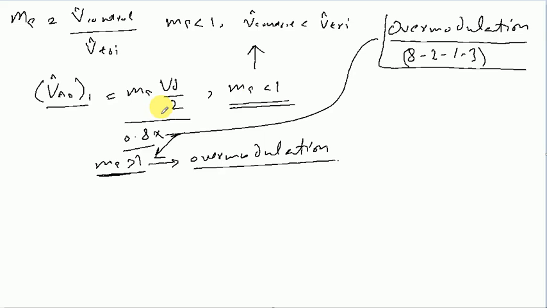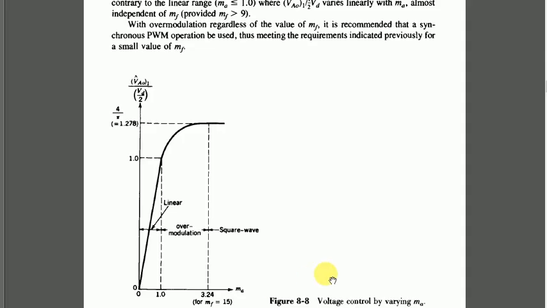Now that equation is no more valid, and this relationship is not linear anymore. You can see a graph of this representation, which will show us the relationship for the amplitude modulation ratio being less than 1 and greater than 1.